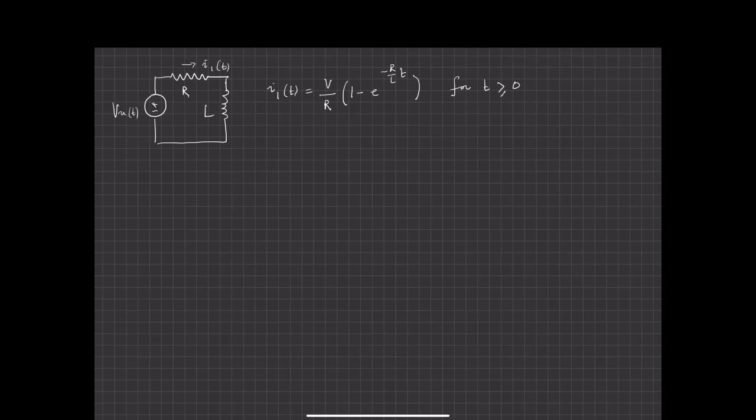All right. What's the solution for I1 of t is that. What about this case? What about the solution to this case? This is plus minus. This is V u of t minus t naught. This is R.